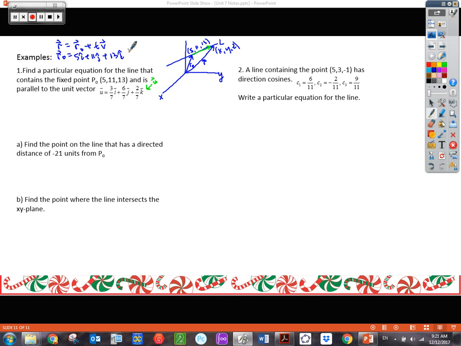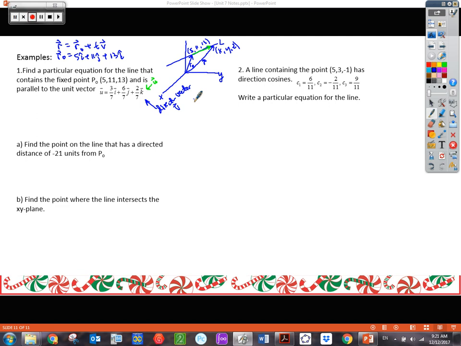That's the vector whose terminal point is the point on the line (5, 11, 13). This unit vector is our direction vector, and our direction vector is noted in our formula as V. Do we see all the parts of the puzzle that we have? We have our R0 and we have our direction vector.